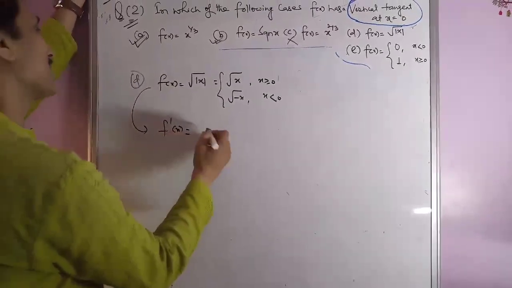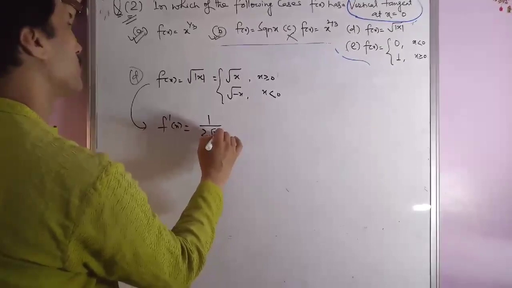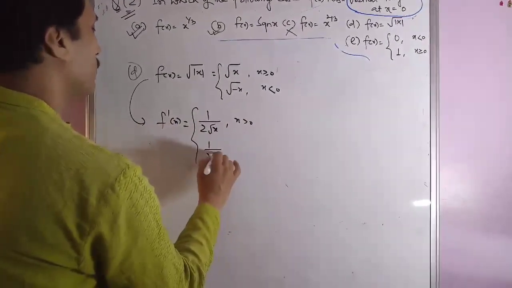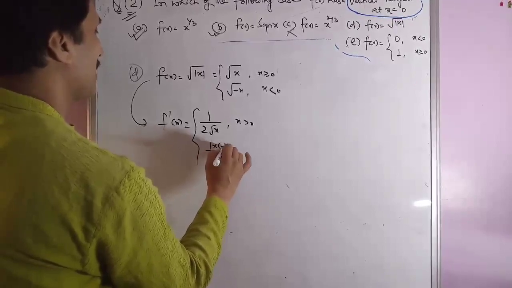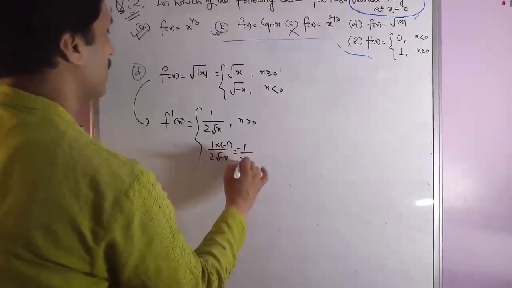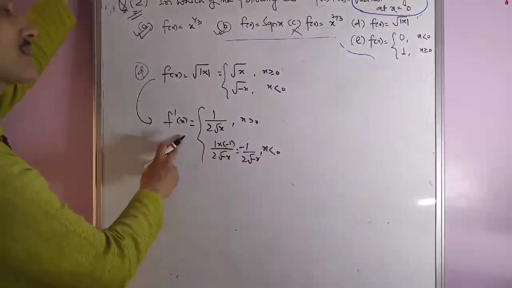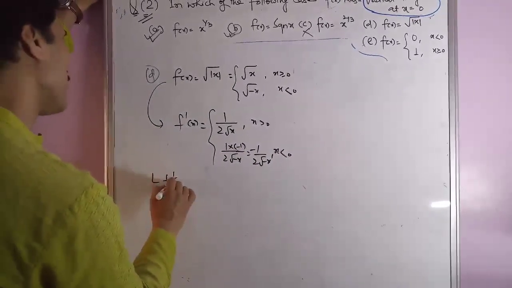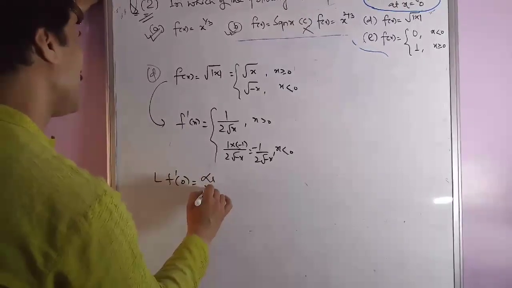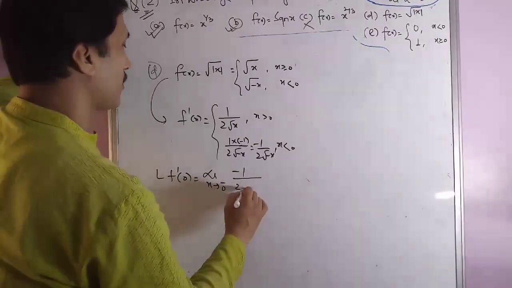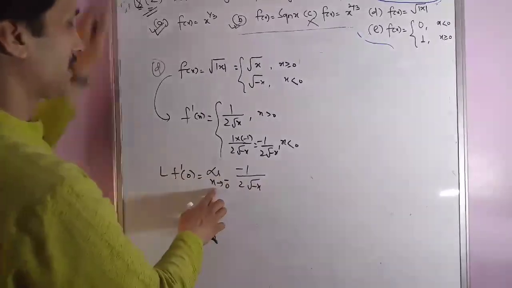Differentiating, f dash x is 1 upon 2 root x for x greater than 0, and minus 1 upon 2 root minus x for x less than 0. Here, the left derivative at 0 is the limit as x tends to 0 minus of minus 1 upon 2 under root minus x. Here x is negative.